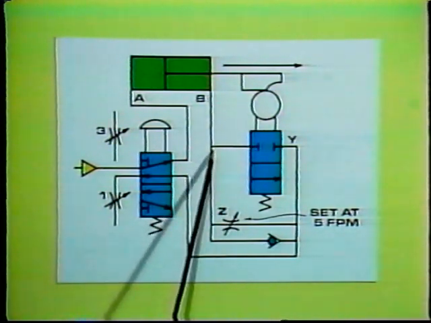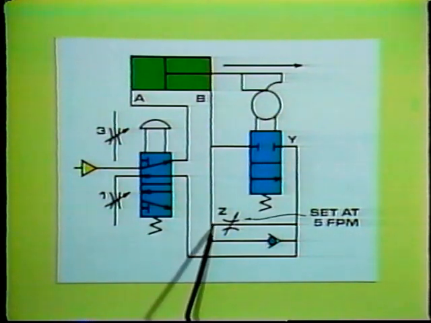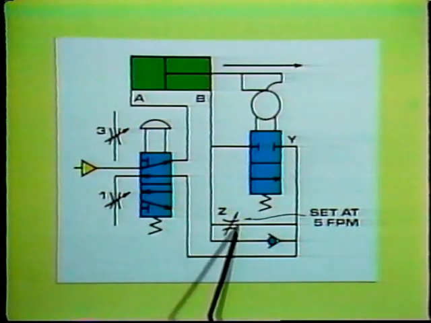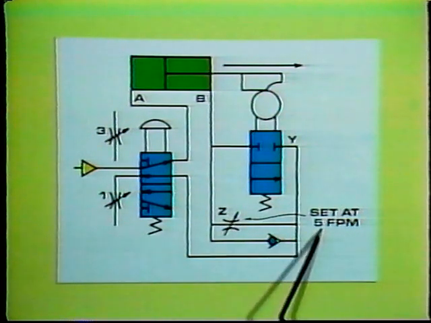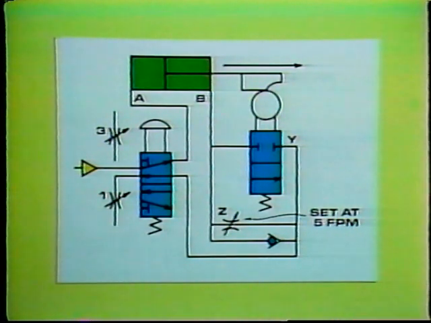All of the exhausting air is now forced to pass through flow control valve Z here, which has been preset to provide a speed of 5 feet per minute. The cylinder exhaust pressure begins to build up, and the cylinder extension rate is gradually reduced until the new pressure balance and slower speed are reached.